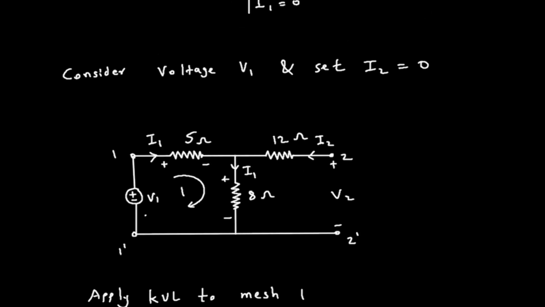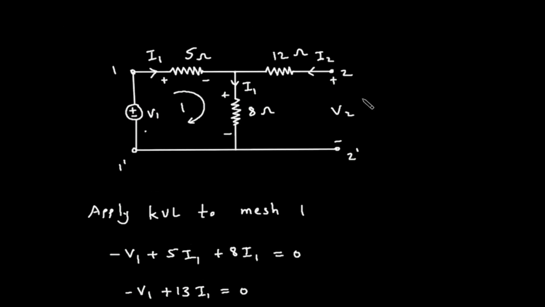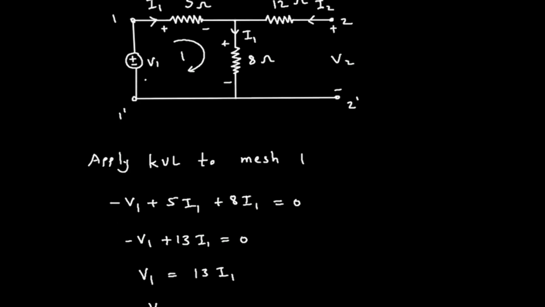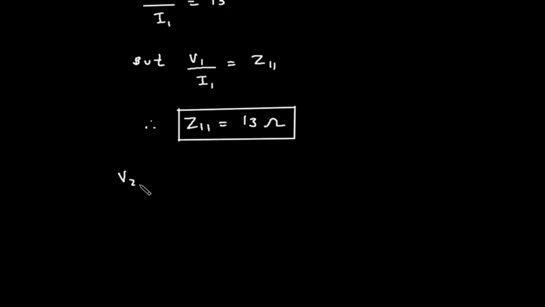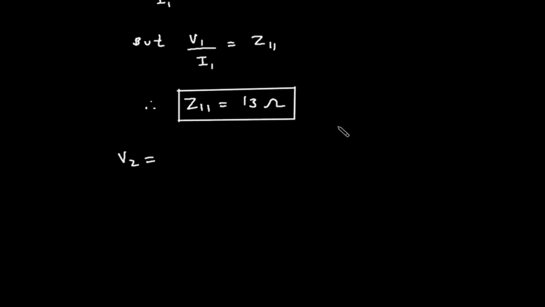Then next, we have to find this voltage V2. From this mesh we can say V2 is equal to I1 into 8, or 8 into I1. So V2 by I1 is equal to 8.